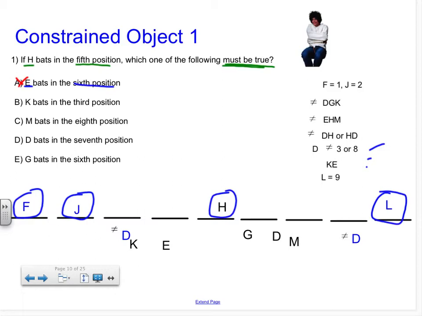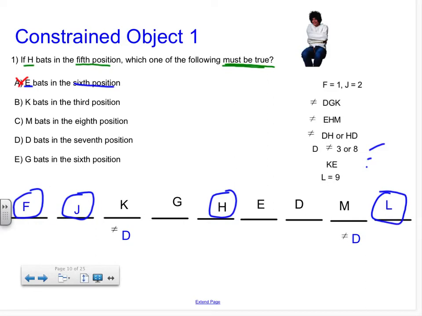Well, it was just in the 3rd position. What would happen if we were to put it in another position? Well, we know that it has to come before E. Or if we were to swap E and G, would that still work?